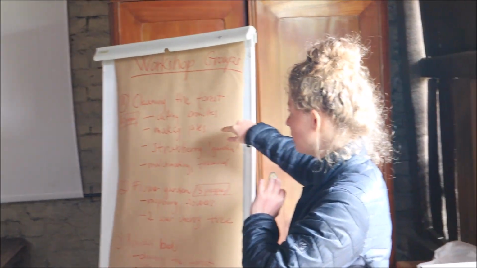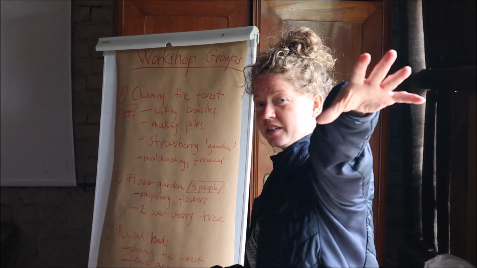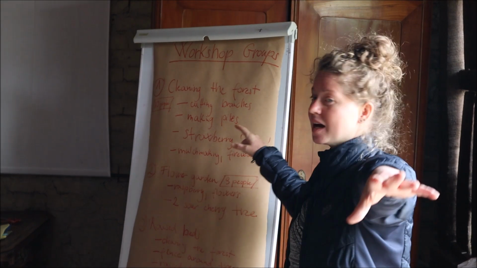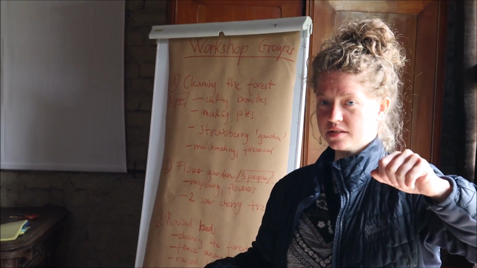Okay, so the 3 groups. We will need approximately 10 people for the first one, and Abel is going to lead that. The first one is going to be here, down there. We are going to clean up the forest, the branches that we cut.